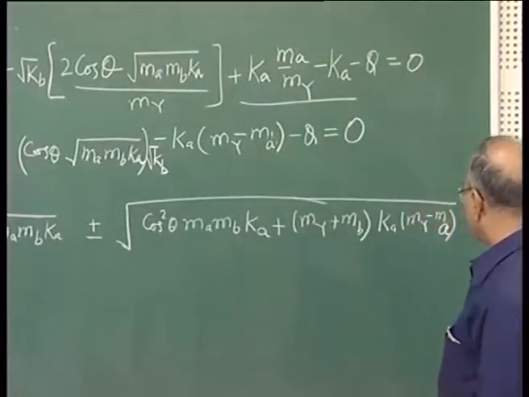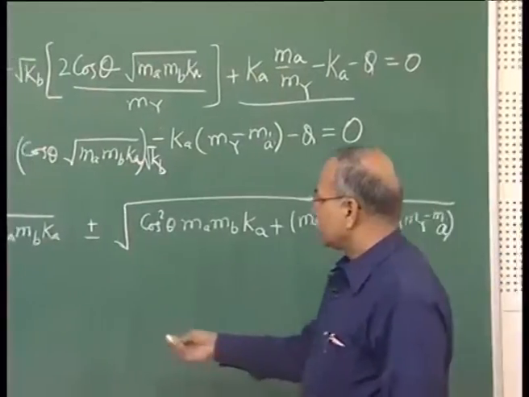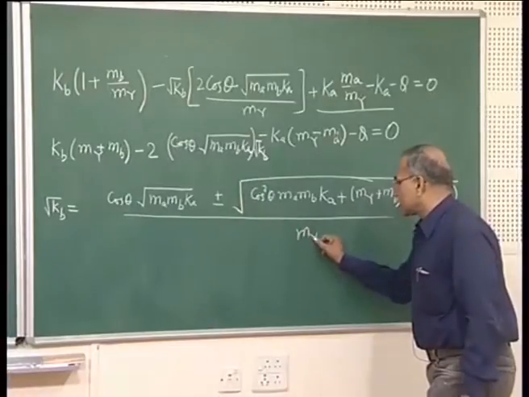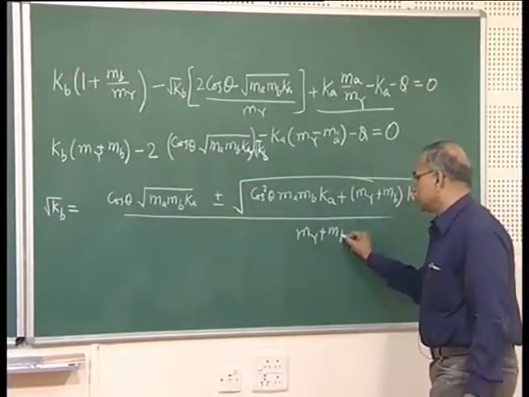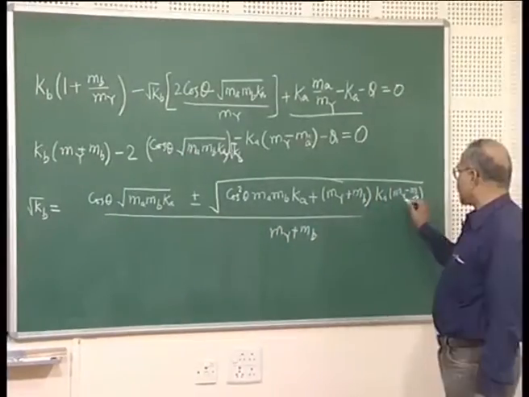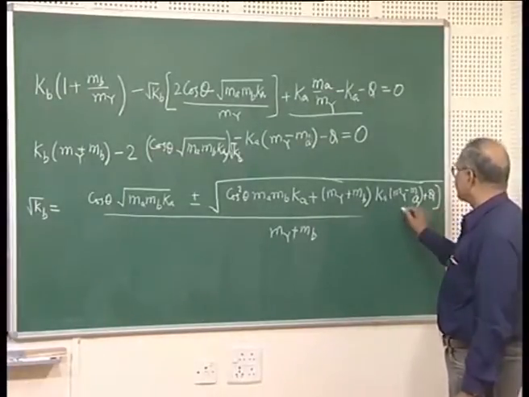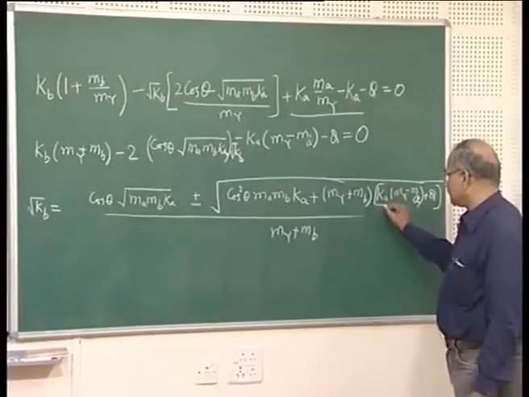Okay. So, all these things and then this whole thing divided by My plus Mb, right, plus Q. Check all the algebra.